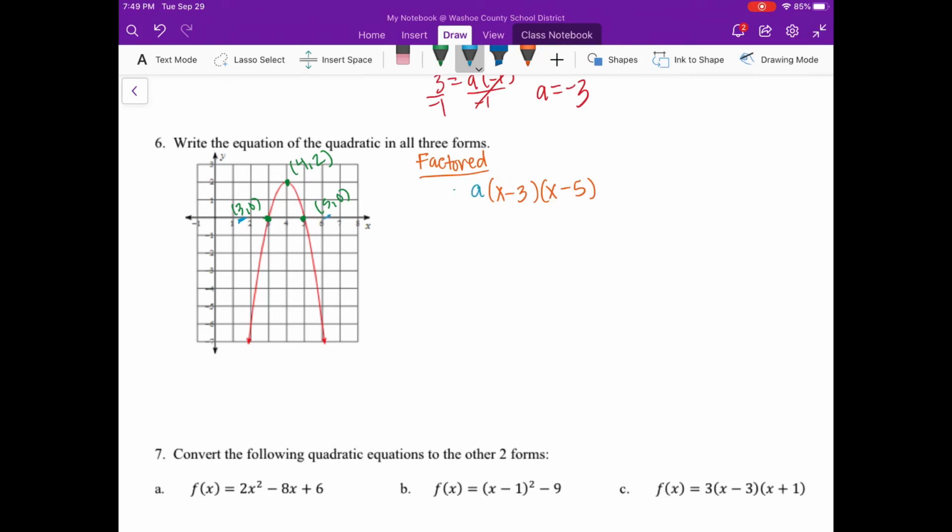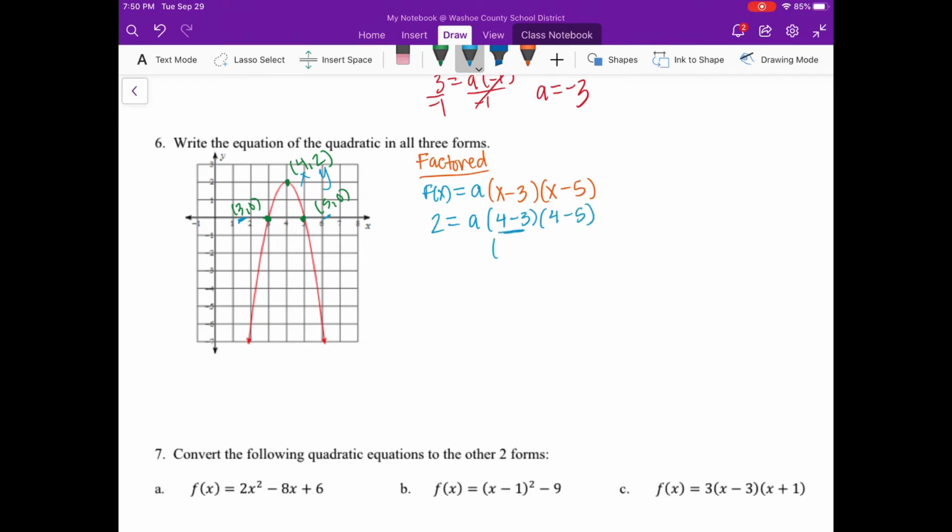I need to figure out what a is. And then for the f of x and the x, since I need to figure out what a is, I'm going to just use my vertex, which is clearly stated in my graph. So I have 2 equals a. The x value here is going to be 4. And so I'm going to just replace my x values with that and then simplify.